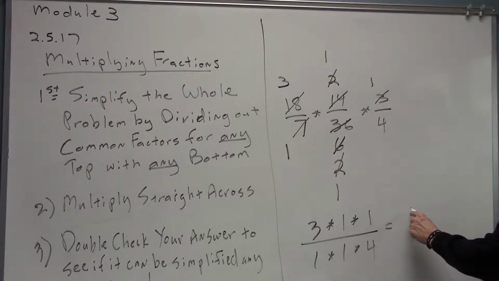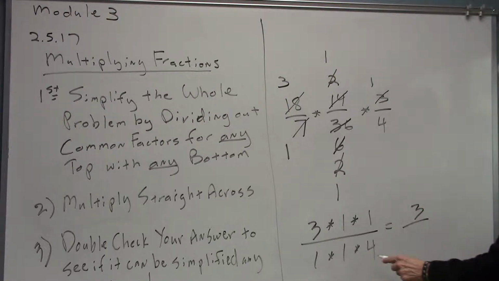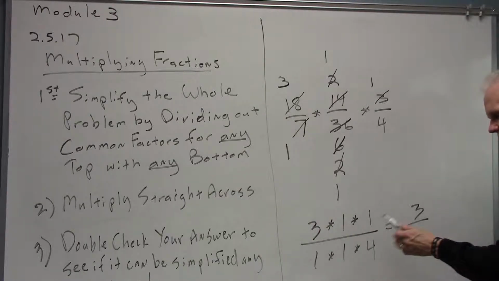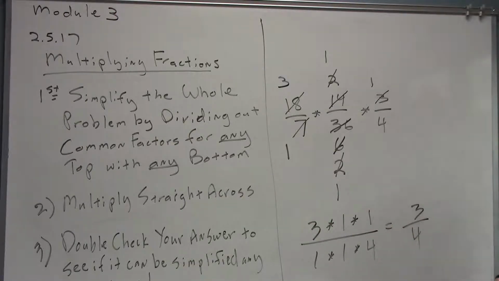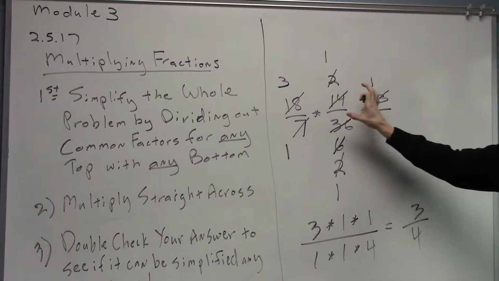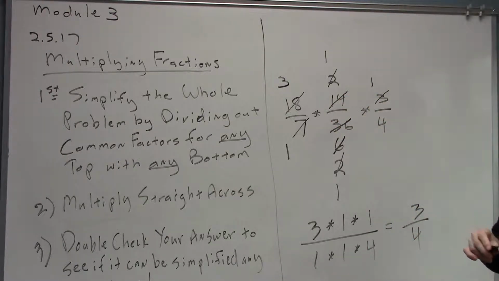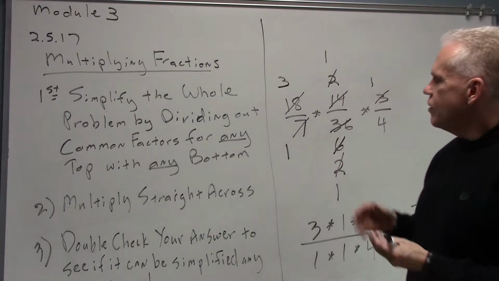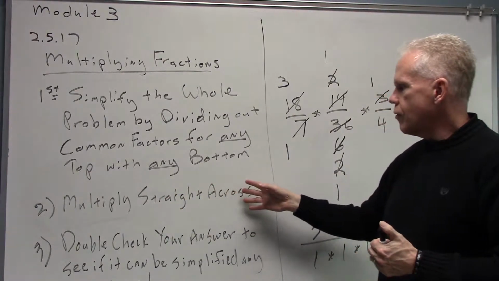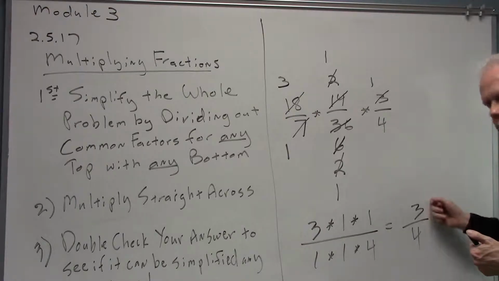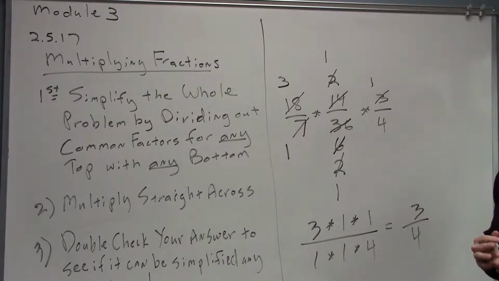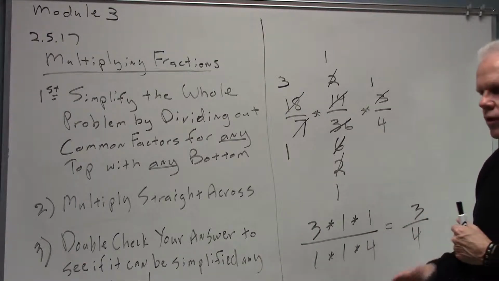Now 3 times 1 times 1 is 3, and 1 times 1 times 4 is 4. And so in the end, the answer to this problem is quite simply 3 over 4, and that's coming by simplifying. Once I simplify, I will multiply straight across, and I want to double check my answer to see if it can simplify more, but this is a good example.